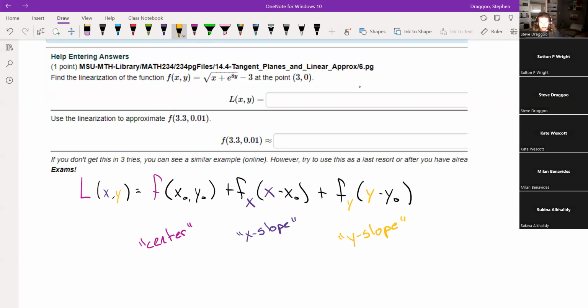And those are the 3 elements that make up our linearization. So the center value is going to be the exact value of the function at whatever our center point is. And then the x slope and the y slope terms are both just for a small change in x, it's going to be close to just a linear move in that direction. For a small change in y, the value is going to be close to a linear move in the y direction. So that's what our linearization formula kind of, at least to my mind, looks like.